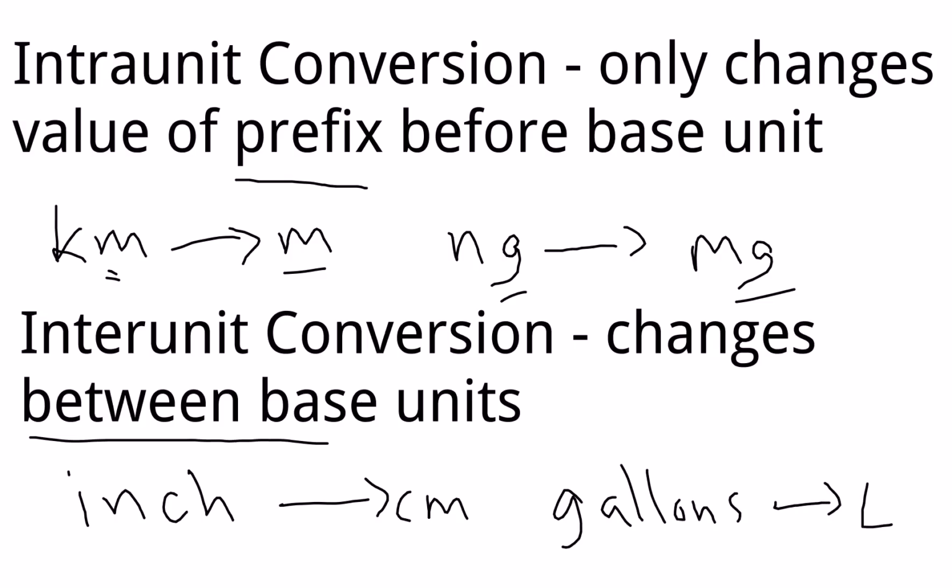So I could do gallons to liters. Here, it's not just going between millimeter and centimeter. Now I'm doing inch. I'm going into the imperial or the English measuring system. I'm grabbing something and then I'm converting it into a completely different unit in the metric. So Celsius and Fahrenheit would be another example, where we're taking one unit and converting it to something completely different.